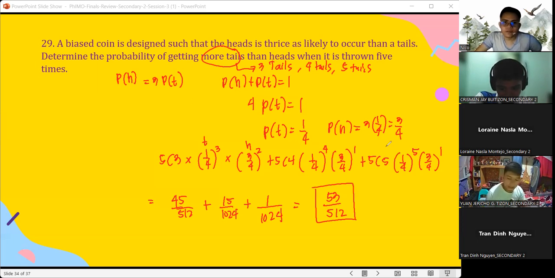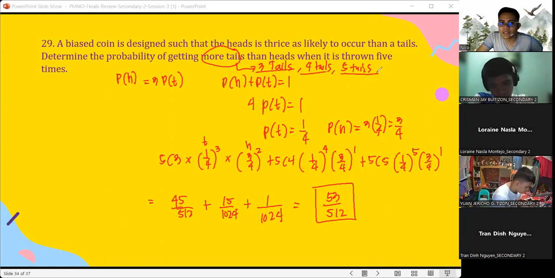So still the same with what we had earlier. But this one, if you're going to get more tails than heads, it's either 3 tails or 4 tails or 5 tails, right? So this is for 3 tails, this one is for 4 tails, and this one is for 5 tails. Oh, zero pala here, sorry. So it's 5 choose 3, you'll get 3 tails.